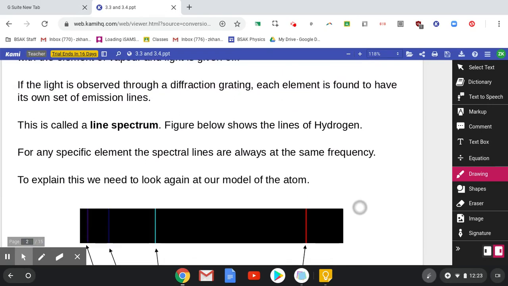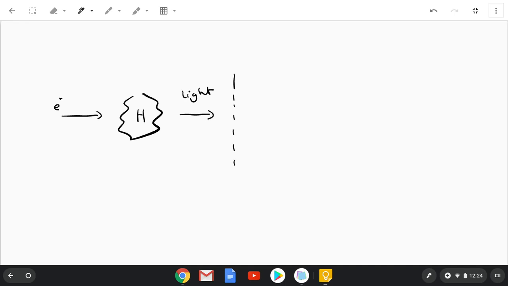So by pictures, what's that showing? So we've got electrons accelerating towards a vapor of hydrogen, and light is given off that we pass through a diffraction grating.